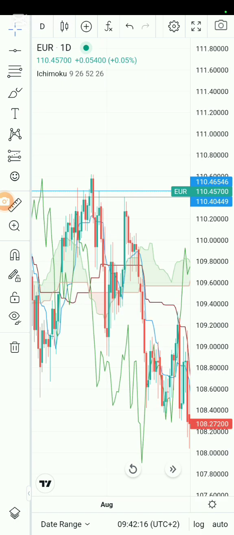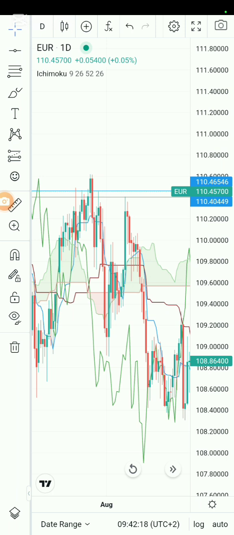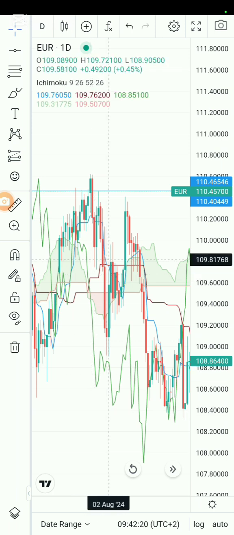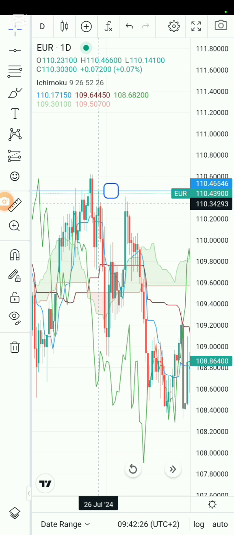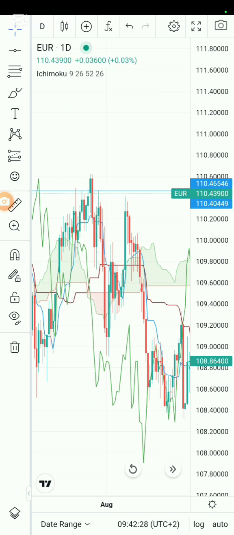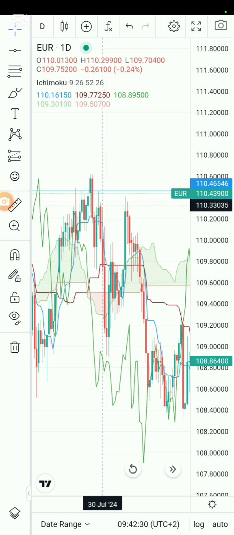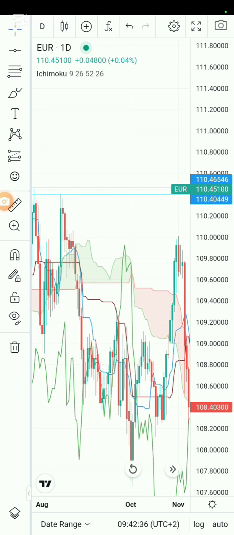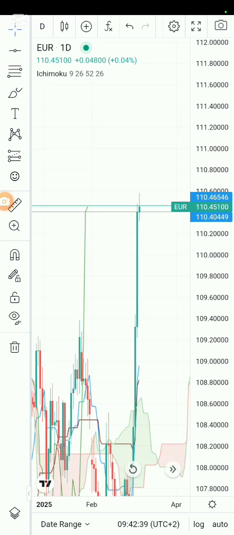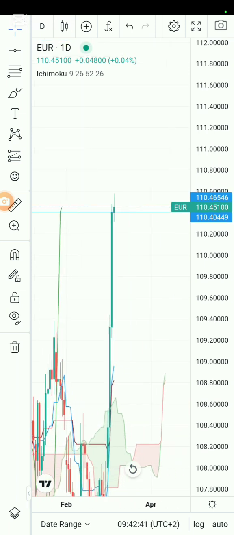Okay, so if you check on the euro here, I've actually included the second level. So the first level was here, right here on this shadow here, and then the second level for resistance will be over here, this shadow for this candlestick here, right? If you move to the right, we will see the position of the euro.